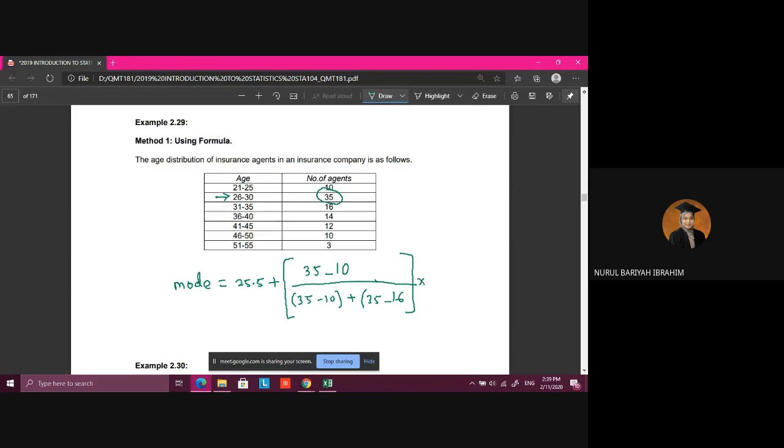Then multiply dengan class size. From 21 until 25, berapa dia punya class size? So nak cari class size, mana-mana class pun boleh you cuba, which is the upper boundaries minus dengan lower boundaries. Let's see, kita ambil yang kedua tu, which is 30.5 minus dengan 25.5, so the class size will be 5.